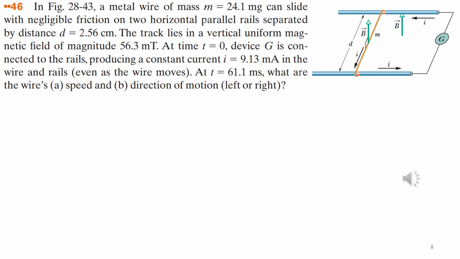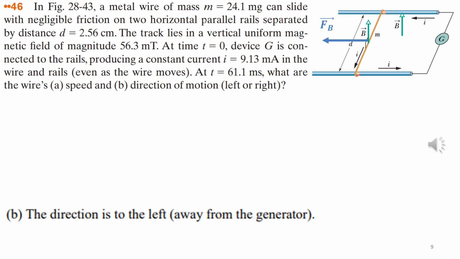And at time 61.1 milliseconds, what are the wire's speed and the direction of motion? Well, actually, we already said that the direction is to the left. Now let's focus on the speed. How are the force and the speed related?